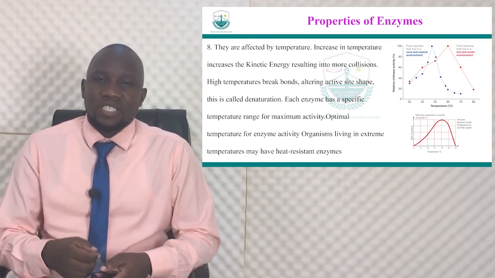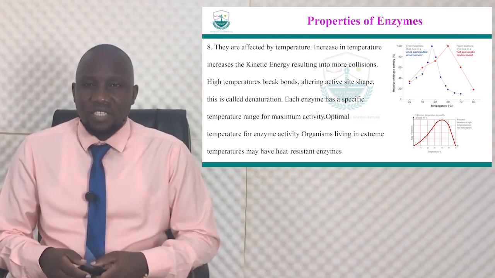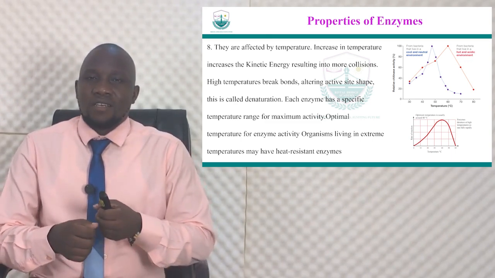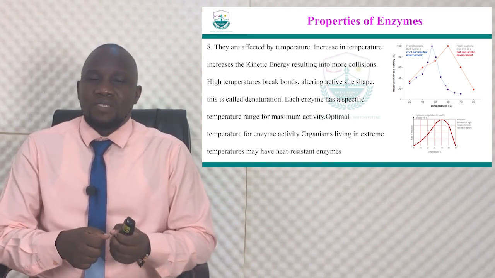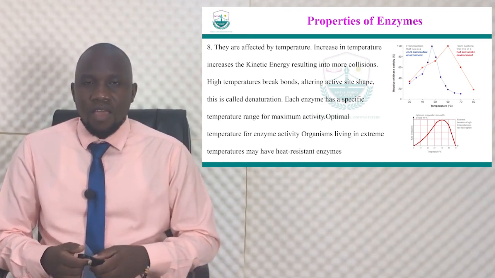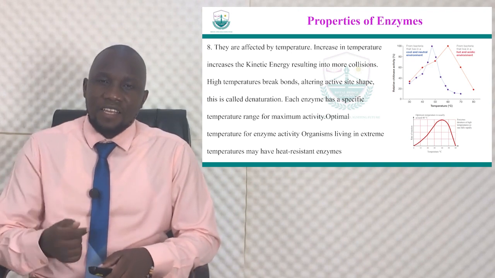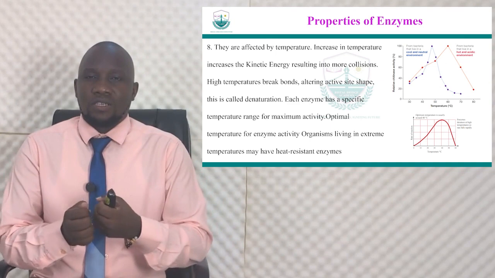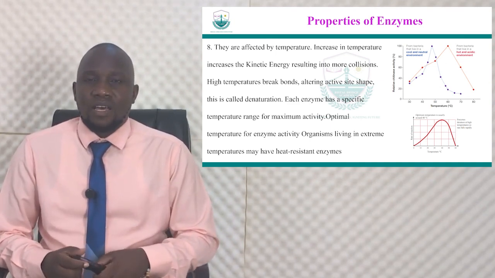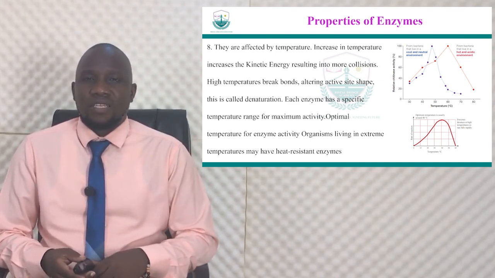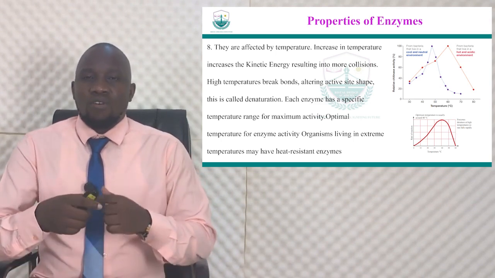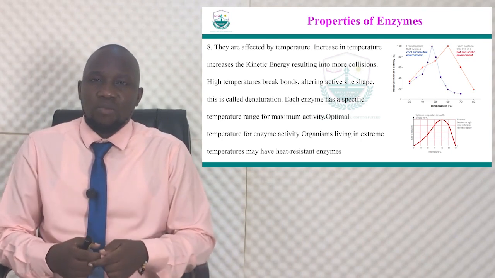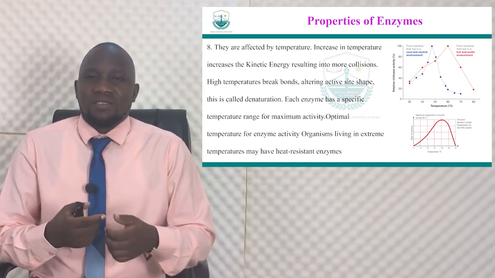So how does temperature influence enzymatic activity? At low temperature, you don't have the enzymes and the substrates colliding at high rates to cause the formation of enzyme substrate complex. But when you increase the temperature, the rate of reaction increases because the rate at which you are forming enzyme substrate complex is very high.